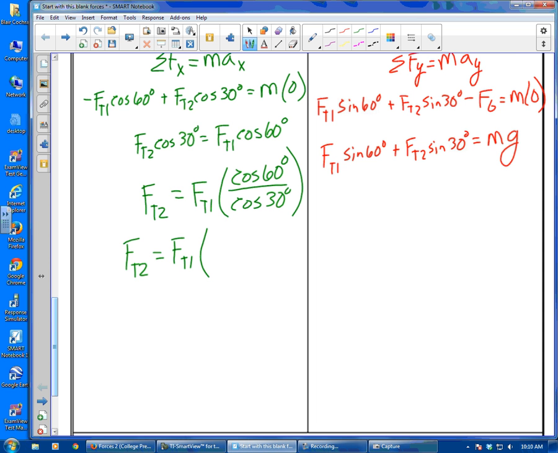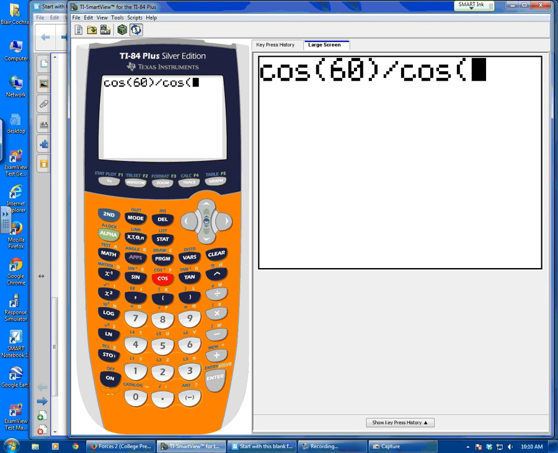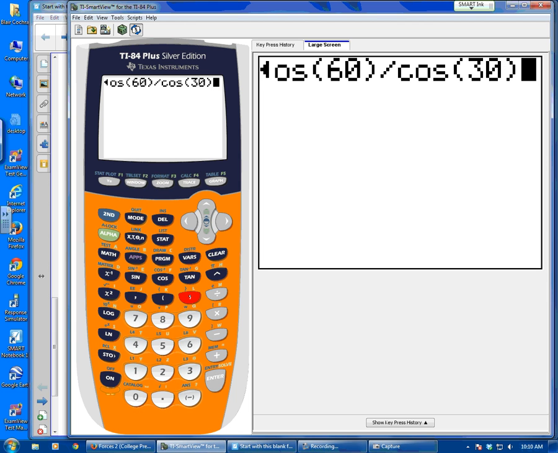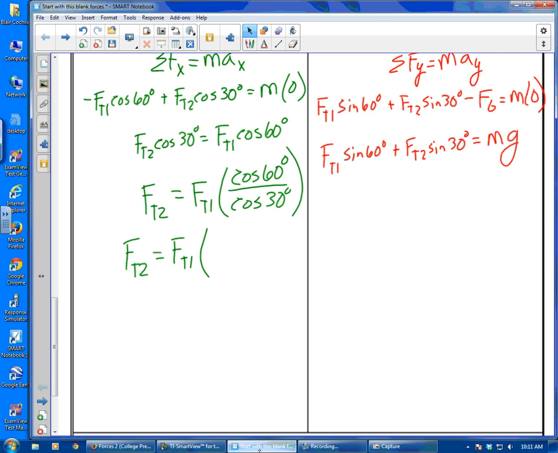So I'll pull up my calculator, and I'm going to do cosine of 60 divided by cosine of 30, and I get that kind of nasty number, 0.57735.